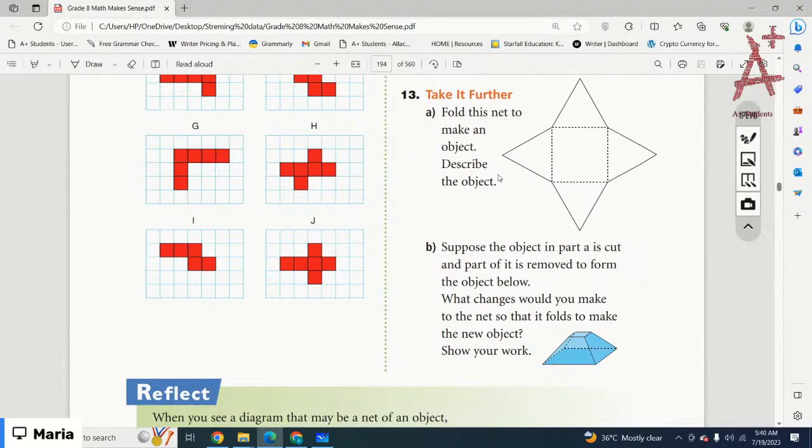The base is a square. That means it is a square pyramid.